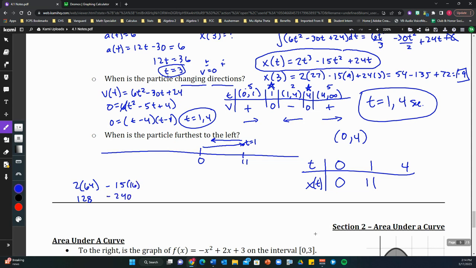That's 240. And then 24 times 4 is 96. So we get 224 minus 240, or negative 16. So that is a smaller position than 0. So our particle would be furthest to the left at t equals 4.